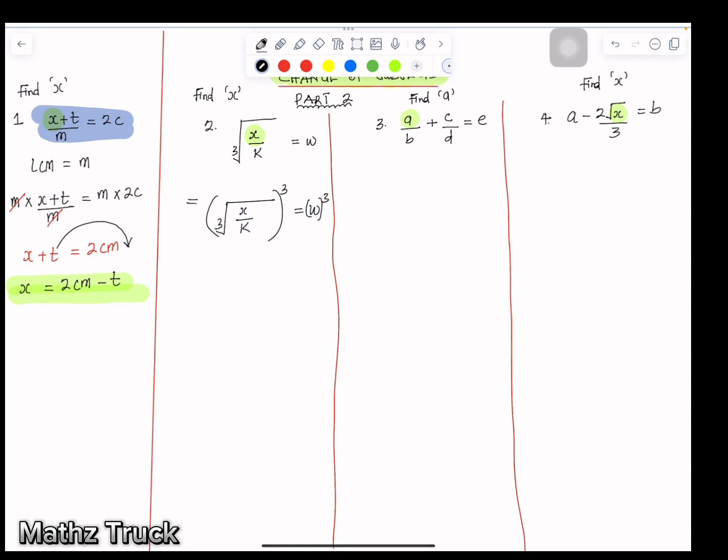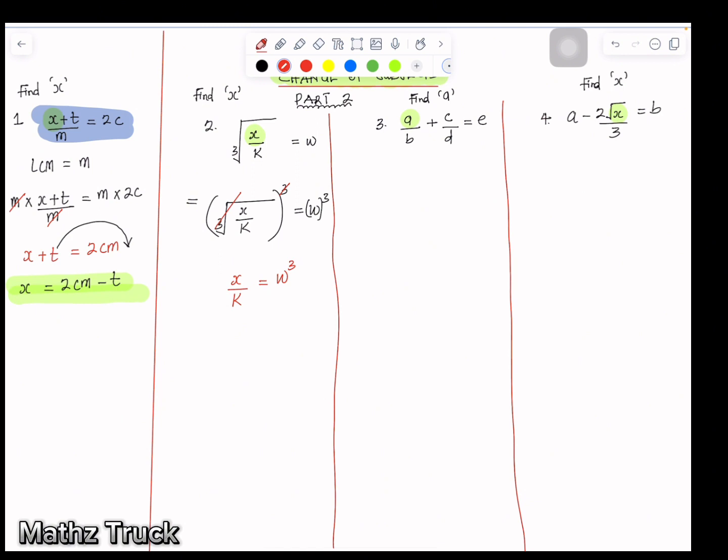Whatever you do on the left side, you have to do the same thing on the right side. Now this cube that you introduce will be able to remove this cube root. Now we have the expression in a very simplified form as x over k equals w cubed.